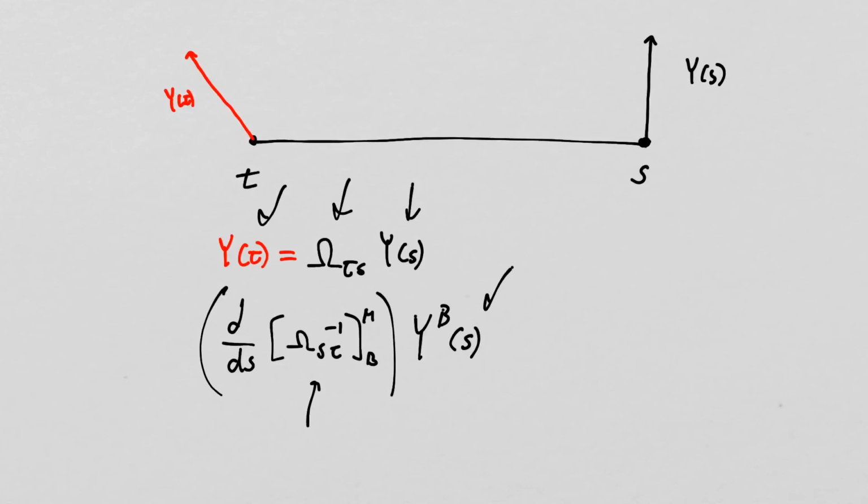So this thing here is going to ultimately represent the change in the vector components, from what the components were of y at s to what the new parallel components will be at t.